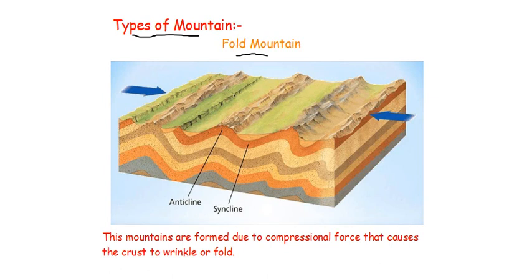Now, what is compressional forces? You have to understand this. If you observe in this diagram, you will find that there are two arrows that I am encircling. These two arrows indicate the direction of compressional force. This particular force is operating towards a common point from opposite directions.